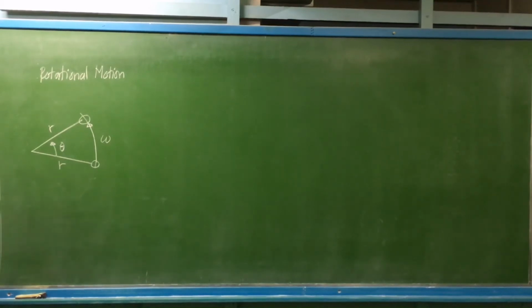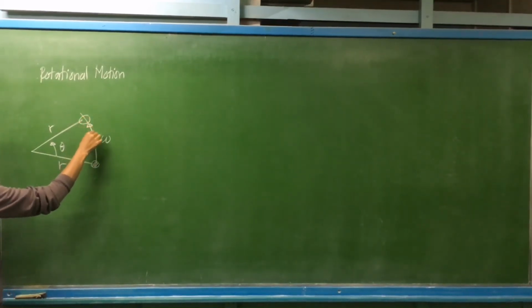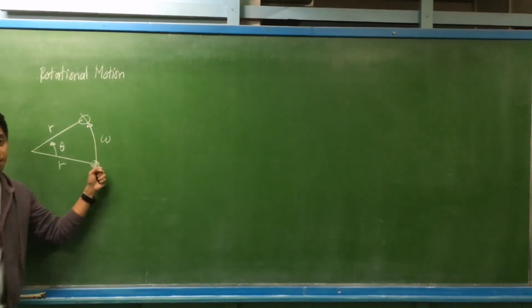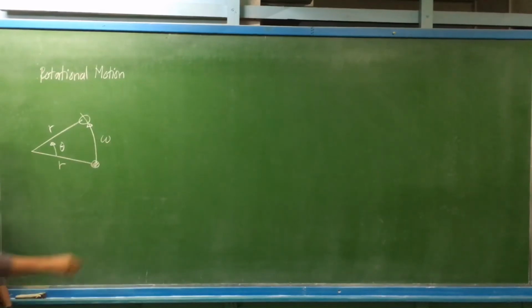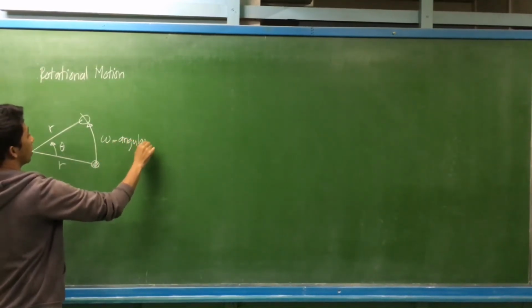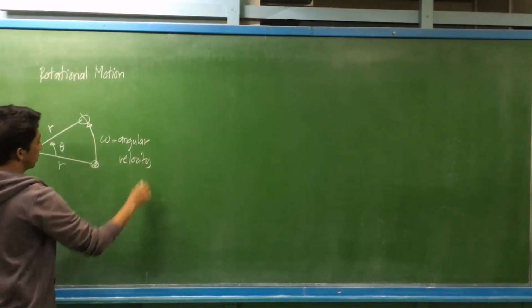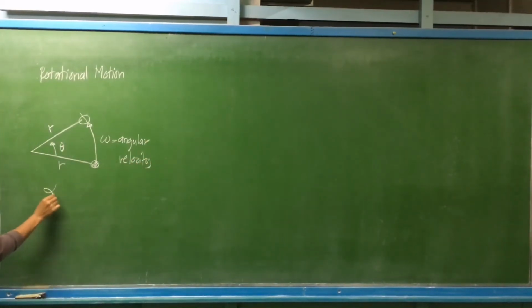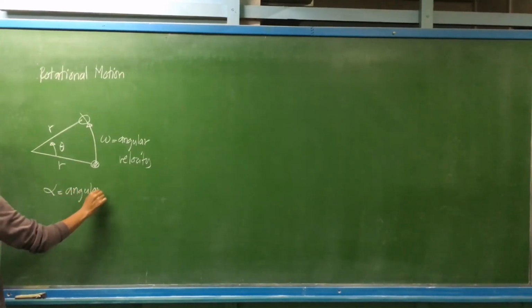Okay, so let us consider a particle moving over a circular path. Let's say we have omega, this is the angular velocity. Then we have alpha, that will be our angular acceleration.